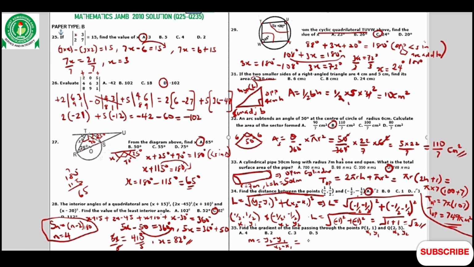What's your y2? That is 5 minus y1, that is 1. So 5 minus 1 all over, now what's your x2? 2, minus 2 minus 1. So the answer here is 4 over 1. So your m is 4. So your gradient is 4, option A.